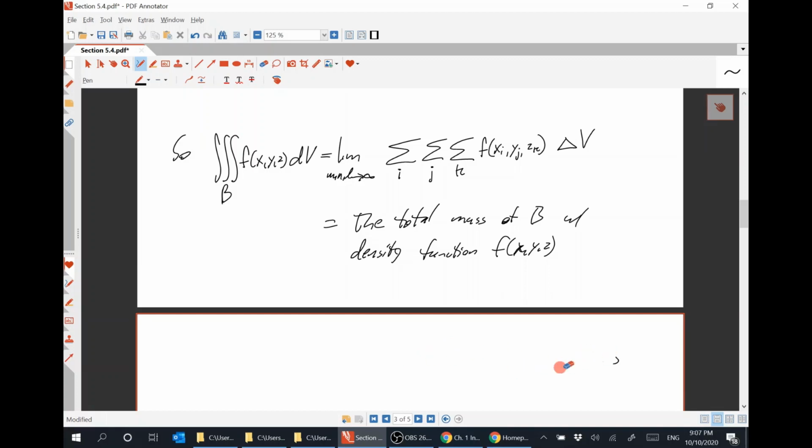Or in a two-variable function, you've got some domain in the xy plane, and then f(x, y) would be a density function, units mass over units area at any given point in this domain, in which case the double integral of f over that domain represents mass. So instead of jumping up into a measurement of one dimension higher, you're getting a measurement that has no dimension, a mass measurement. All right. So that's what it means. Total mass.